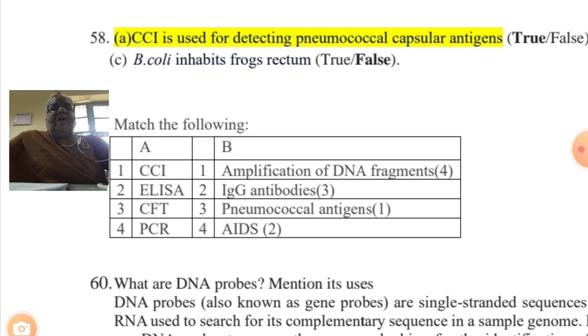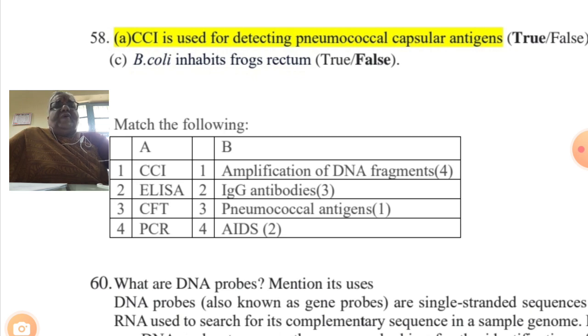Here is one small mistake, I want to correct it. Answer has been given false. No. B. coli is basically a parasite inhabiting the rectum of many animals like monkeys, pigs, etc. So by eating pig flesh, that's how humans contract this infection of B. coli. But it does inhabit the rectum of frog.